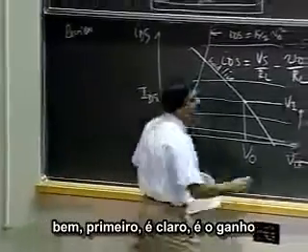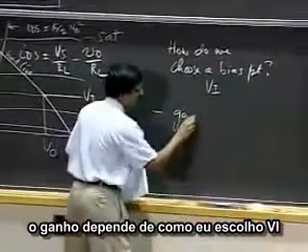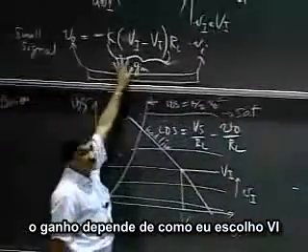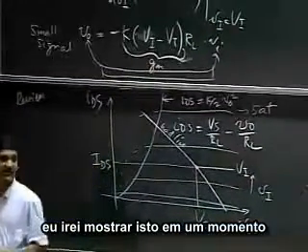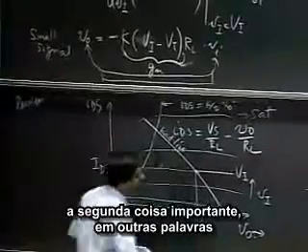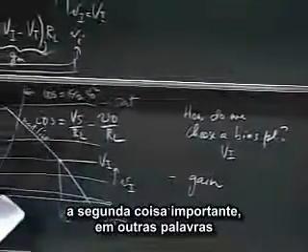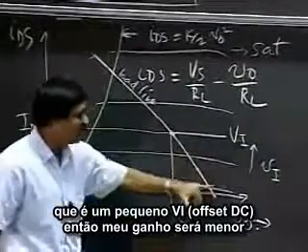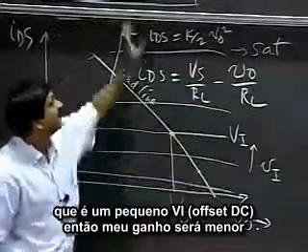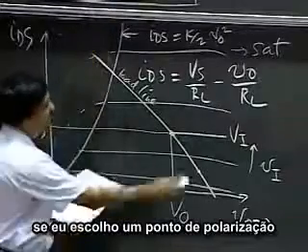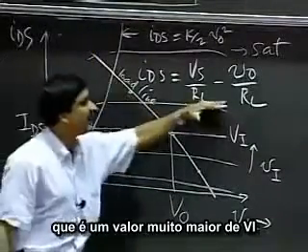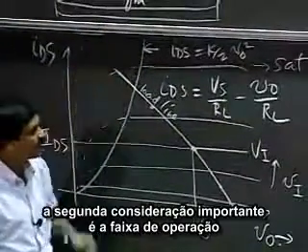Well, first, of course, is gain. The gain depends on how I choose VI. If I choose a bias point that is a small VI, then my gain is going to be smaller. If I choose a bias point at a much higher value of VI, I get a bigger gain.